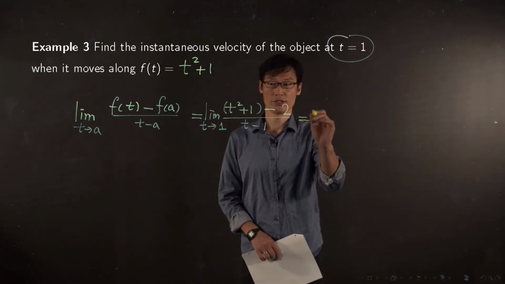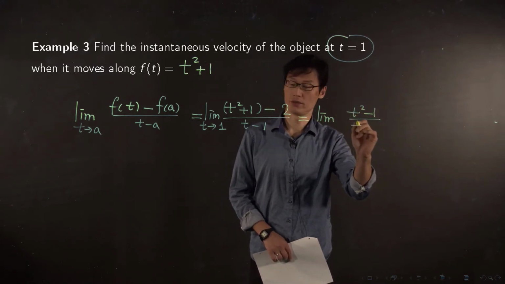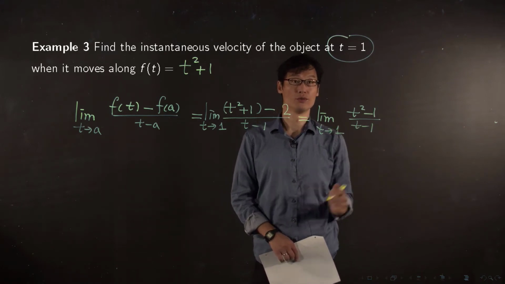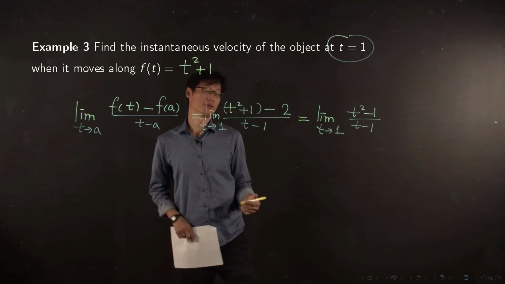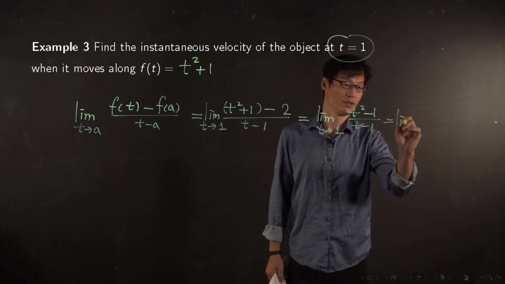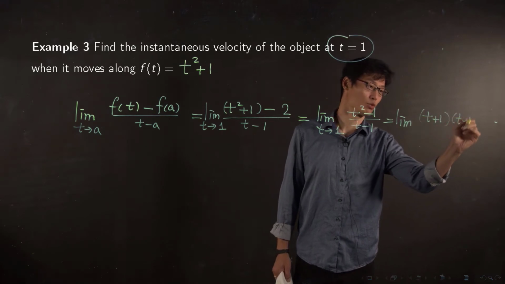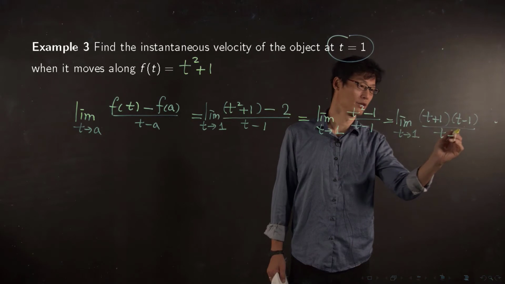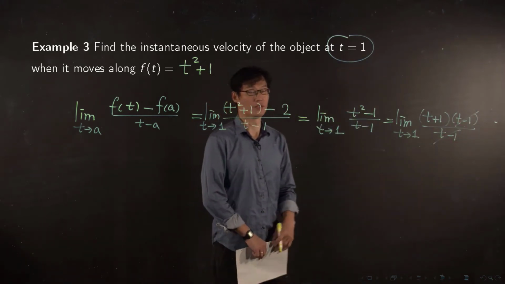If you simplify this, we have t squared minus 1 over t minus 1. So as we did, this t squared minus 1 has a factoring, it's t plus 1 times t minus 1. That's it. Once you cancel common factor, you can find the limit.